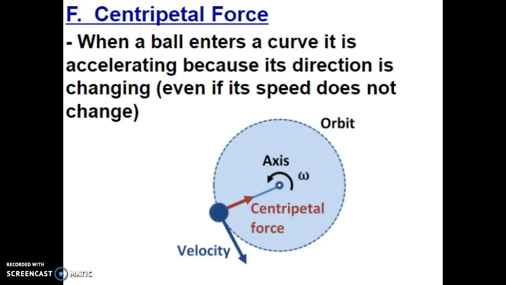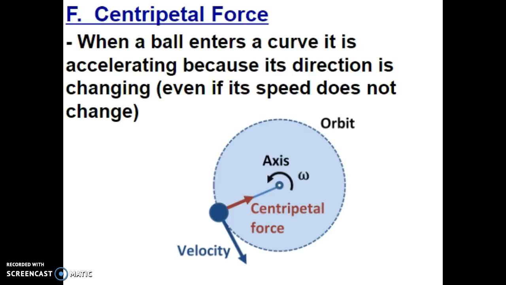When we talk about motion in a circle, that is centripetal force. When a ball or another object enters a curve, it will accelerate because the direction is changing, even if the speed does not change. Remember, it's like the merry-go-round. A merry-go-round can be at a constant speed, but it's always in a changing velocity because the direction is constantly changing.